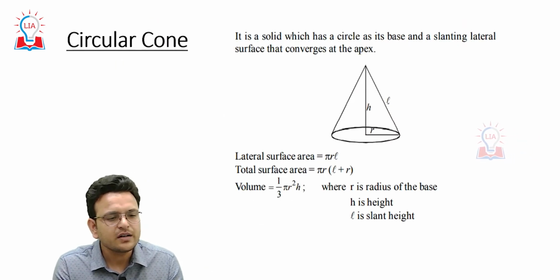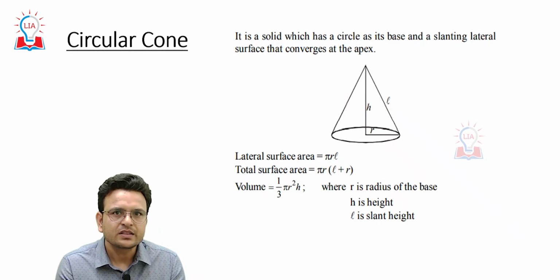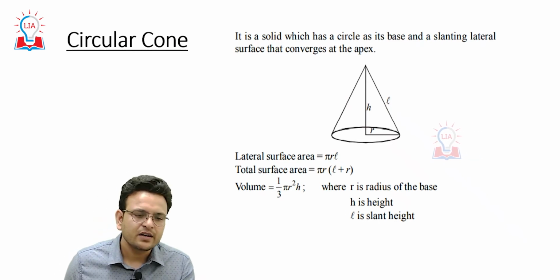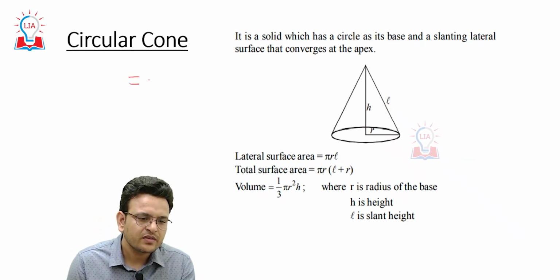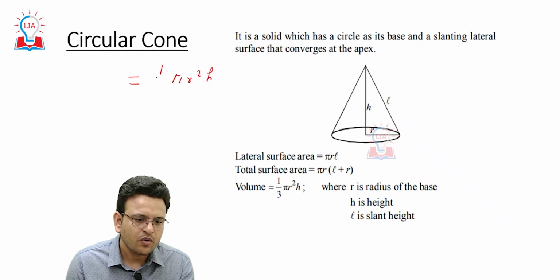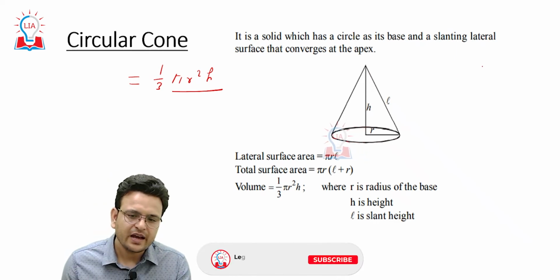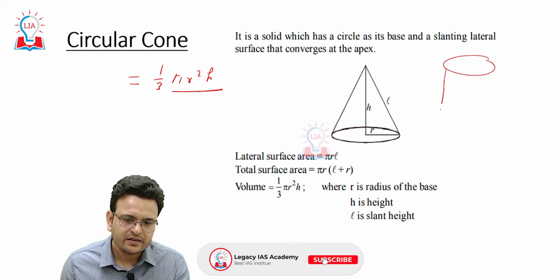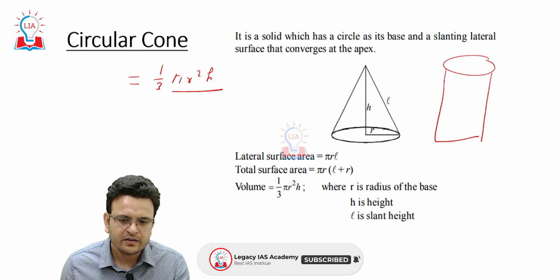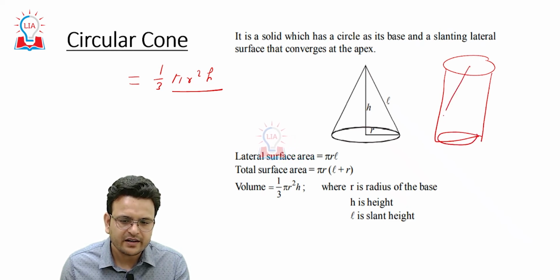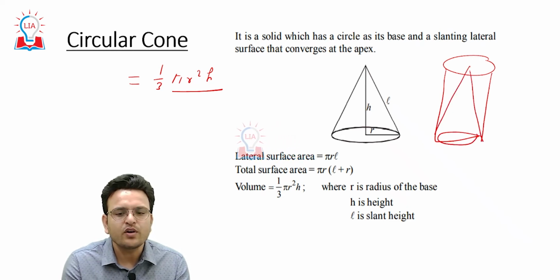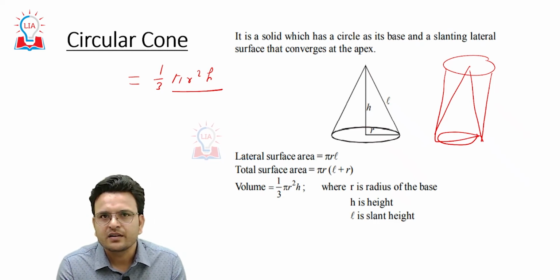Now come to the circular cone. We know the volume of a cylinder is pi r square h. Only thing we have to do is take 1/3. Whenever we take one cone from the cylinder, the volume we get is 1/3 of the volume of the cylinder.